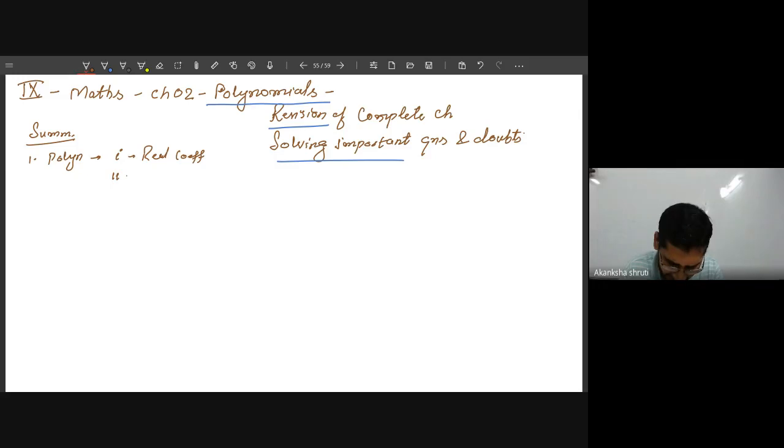And the second thing was the power should be a positive integer or whole number. So power should be a natural number, not natural, it could be 0, so better to write whole number.